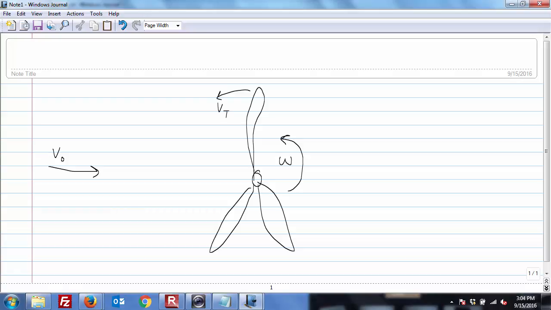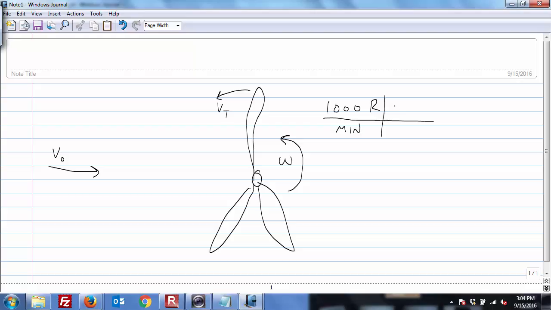So let's just convert 1,000 RPMs into radians per second, and that's going to allow us to get the velocity of the tip. So let's just do that first off. If I've got 1,000 rotations per minute, and I want to convert that to radians per second. Very simple just to convert minutes to seconds.